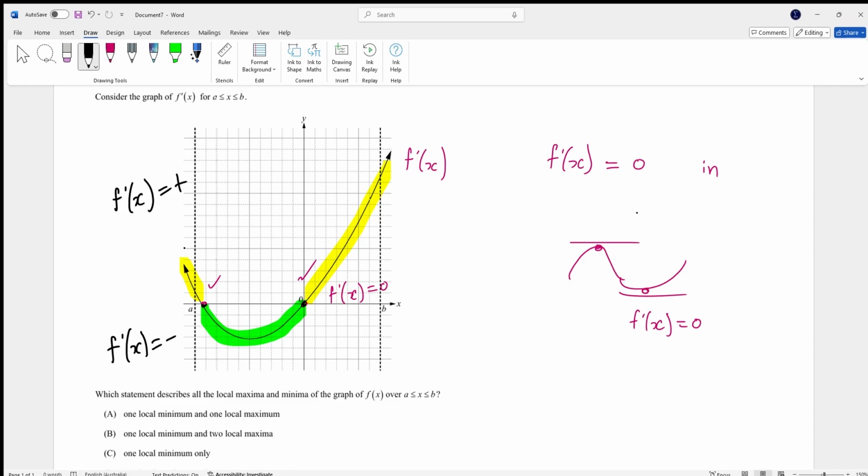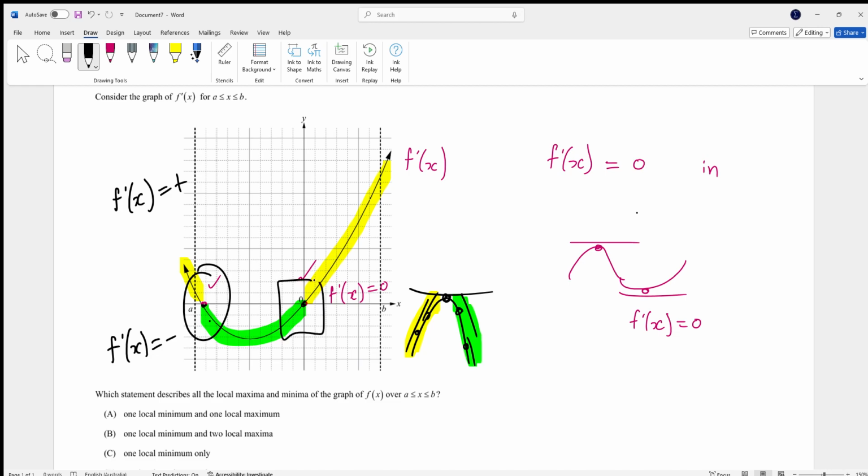So if it's going from a positive gradient to a negative gradient and it passes through 0, that indicates that it's going to be a maximum, because if we look at a maximum, it goes from a positive gradient to a negative gradient, where the negative gradient is the direction of those lines there, and the positive gradient is the direction of those lines there, which passes through that stationary point. So because of that understanding, we know there is going to be one local maximum, okay?